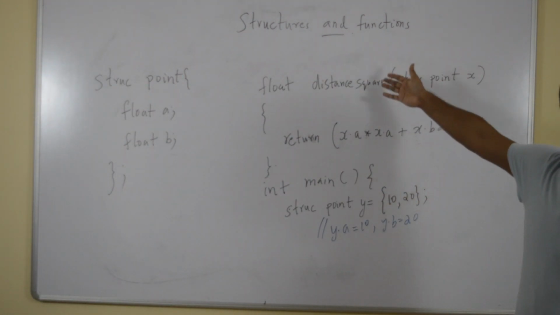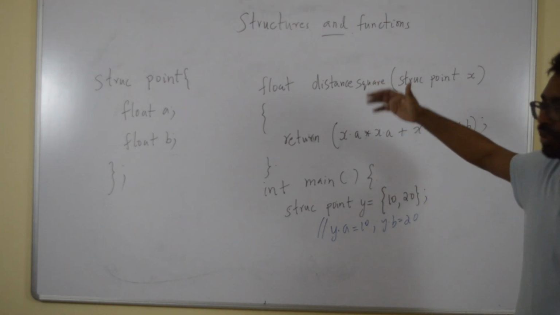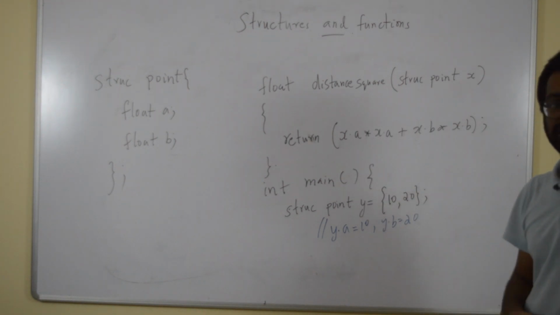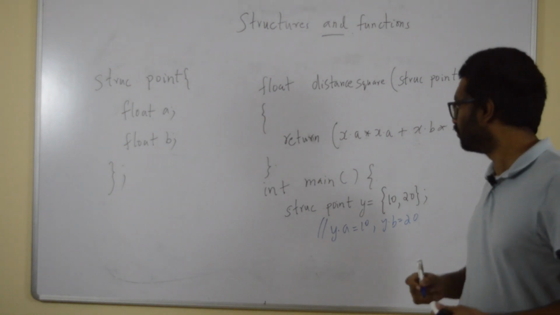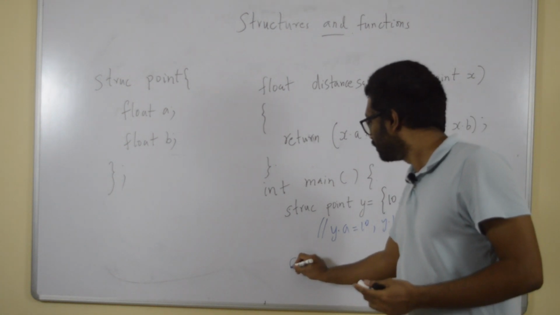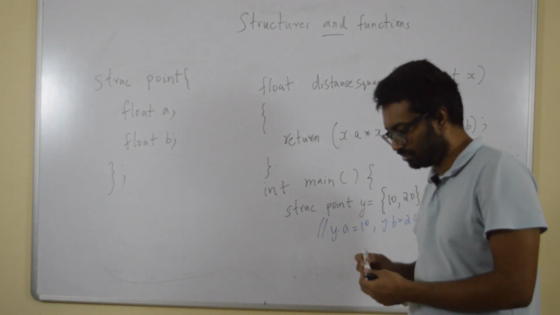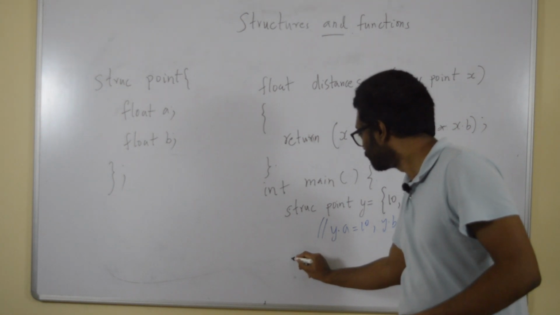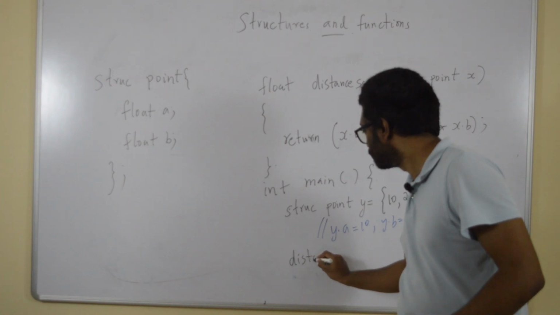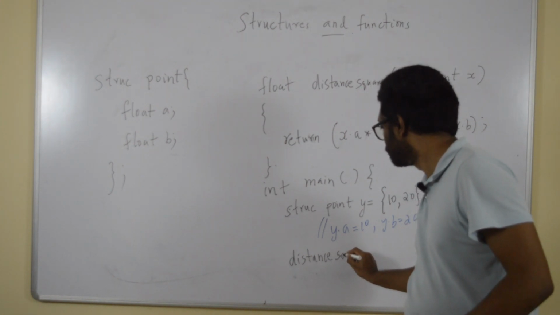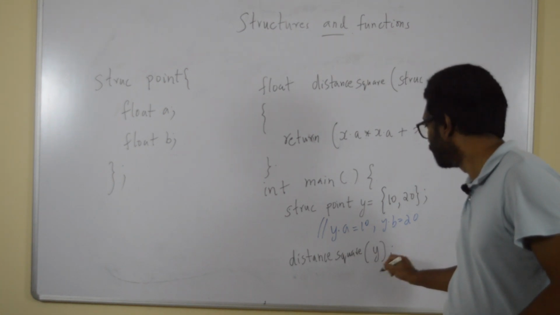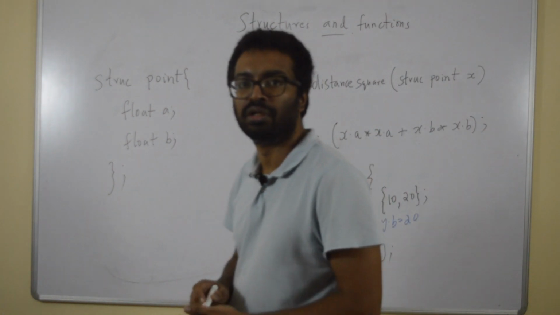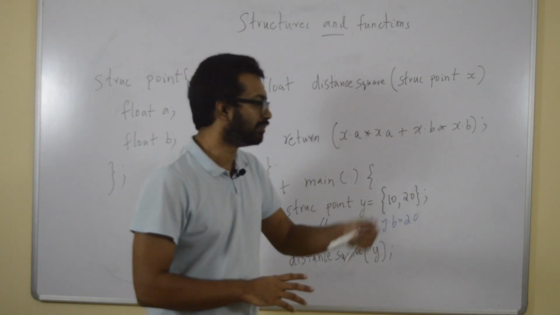I need to pass this structure to this function, and it is exactly like how you would pass an integer or a float. You're just going to pass that structure y.